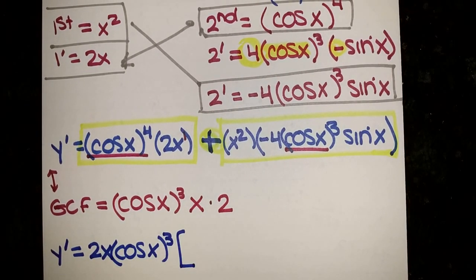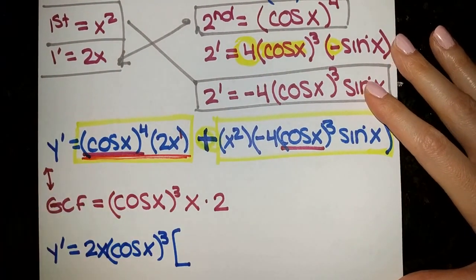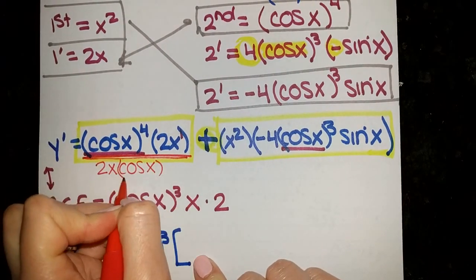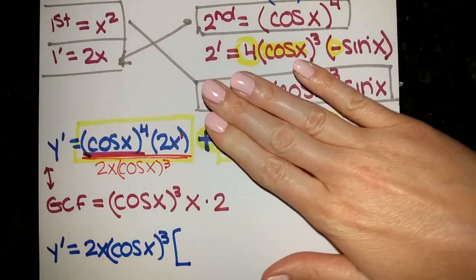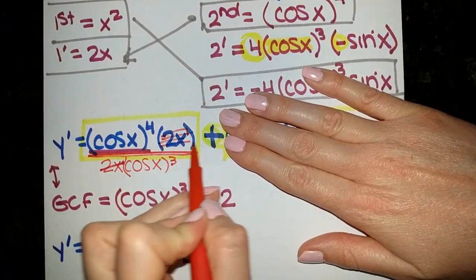All right, so let's see what we are going to be left over with when we take out that GCF. Remember that when you take out the GCF, you are dividing this term by the 2x cosine x to the third. Let's just focus on that term for now. We see that the 2x cancels out.